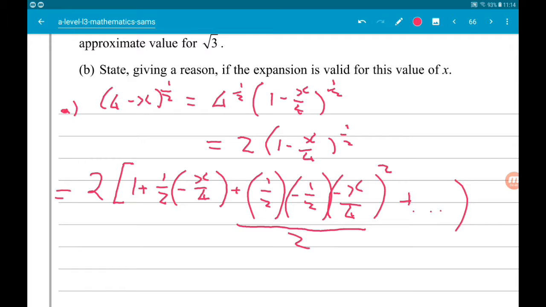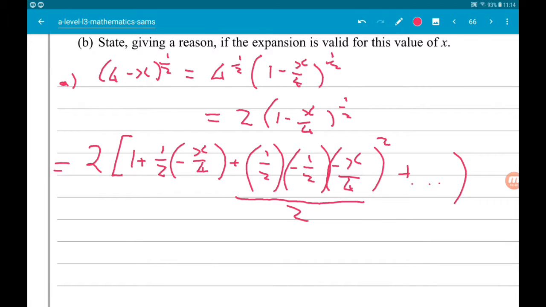Okay, so we have 2 lots of 1. Now 1/2 times minus x over 4 is minus x over 8.